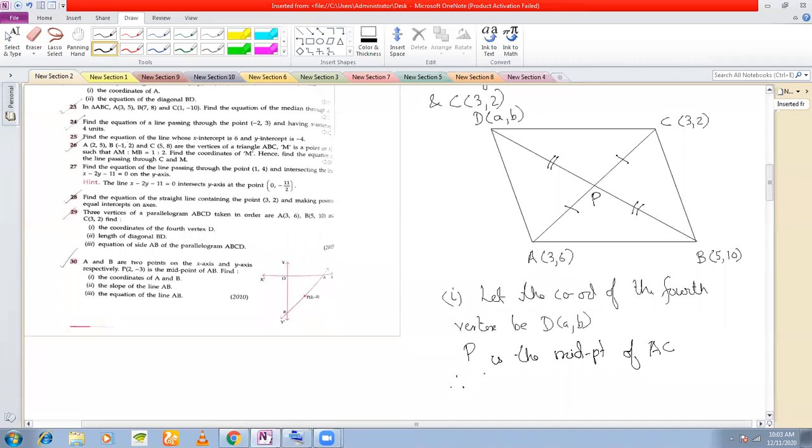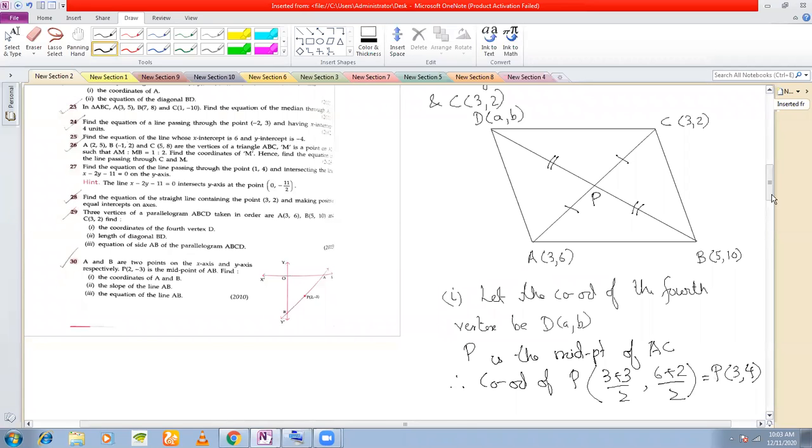Therefore, coordinates of P are 3 plus 3 by 2, comma 6 plus 2 by 2, which comes out to be 3, comma 4.